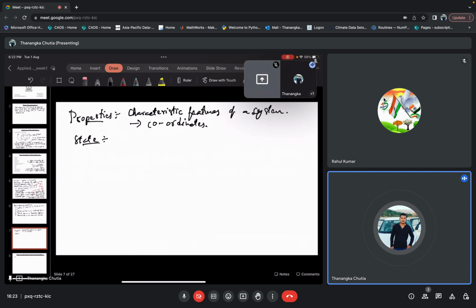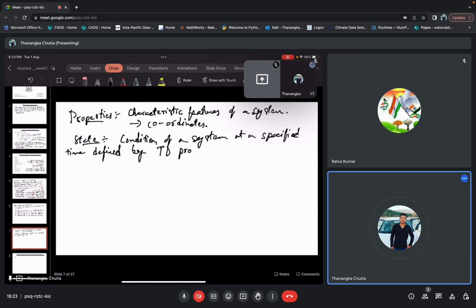So what is basically the state of a system? The condition of a system at a specified time, defined by thermodynamic properties.